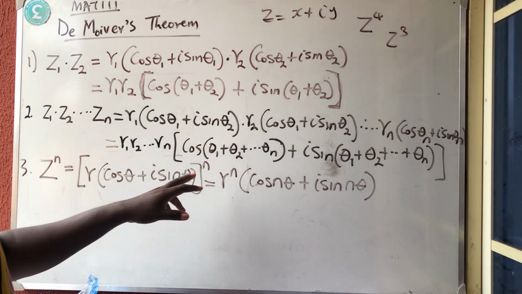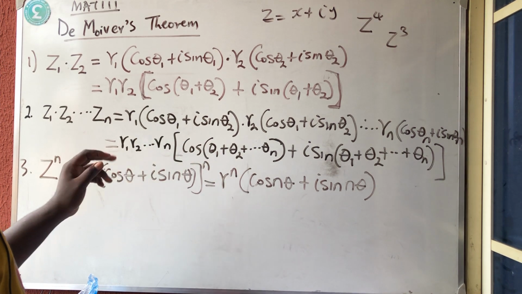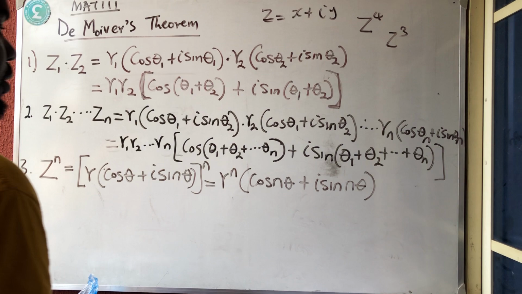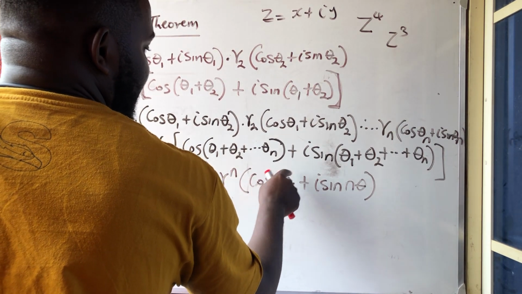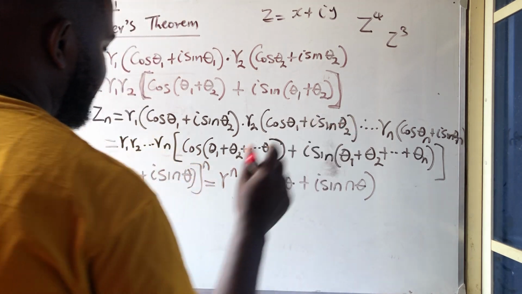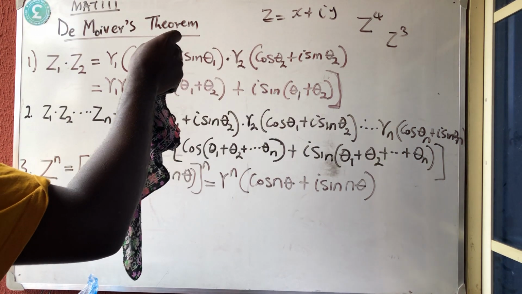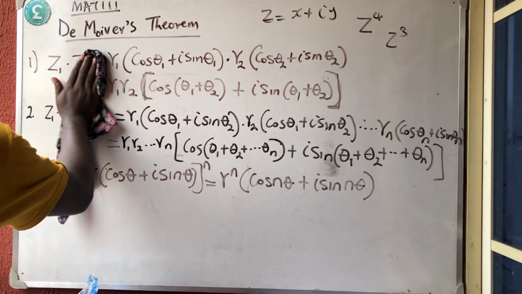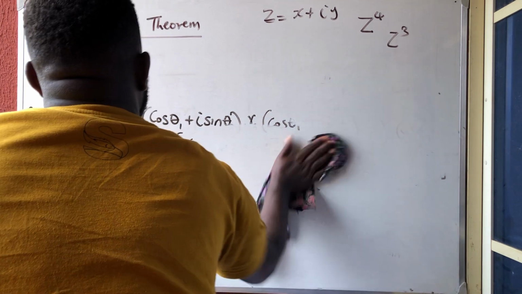But what you do is bring the n to multiply the argument, the theta. So it's going to be r raised to power n, bracket cos n theta plus i sine n theta. Let me show you how. If I solve a question, you will understand what I'm trying to explain.